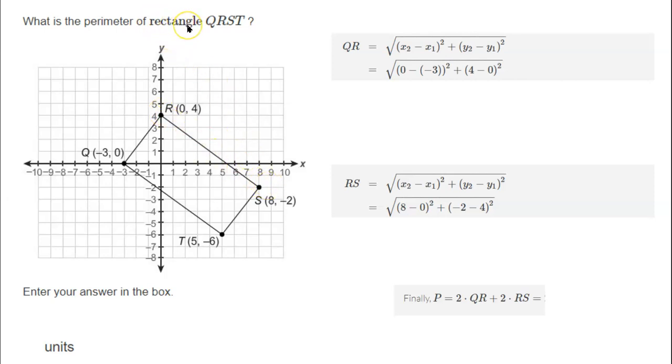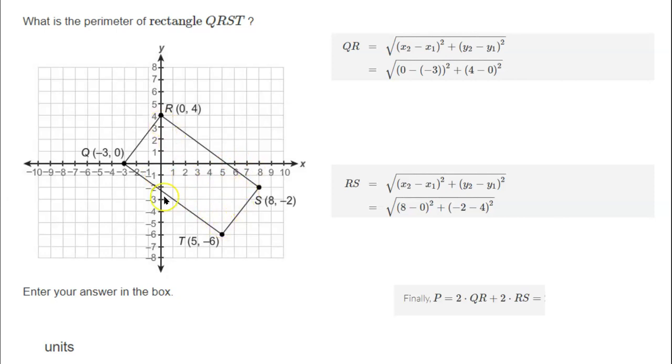Because it tells you it's a rectangle, you know, you do not assume. We never want to assume that the base and the height are the same unless it tells us. Since it says it's a rectangle, we know that the base and the height are going to be the same as its parallel side.